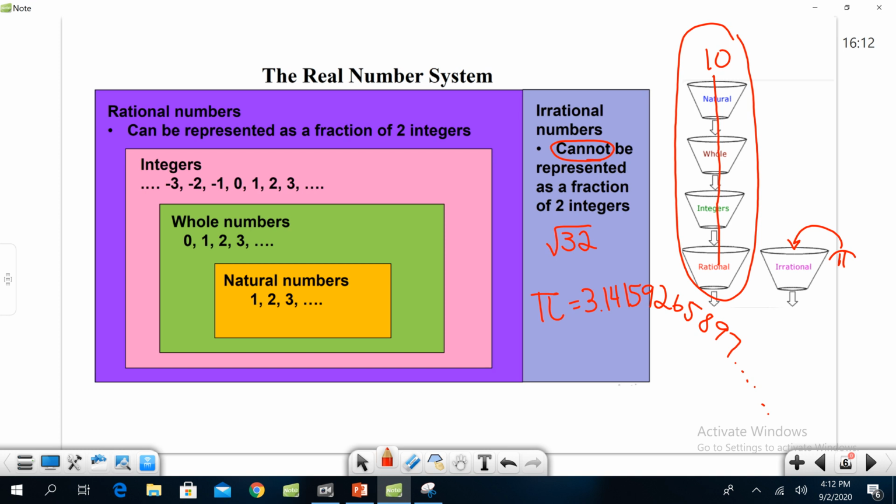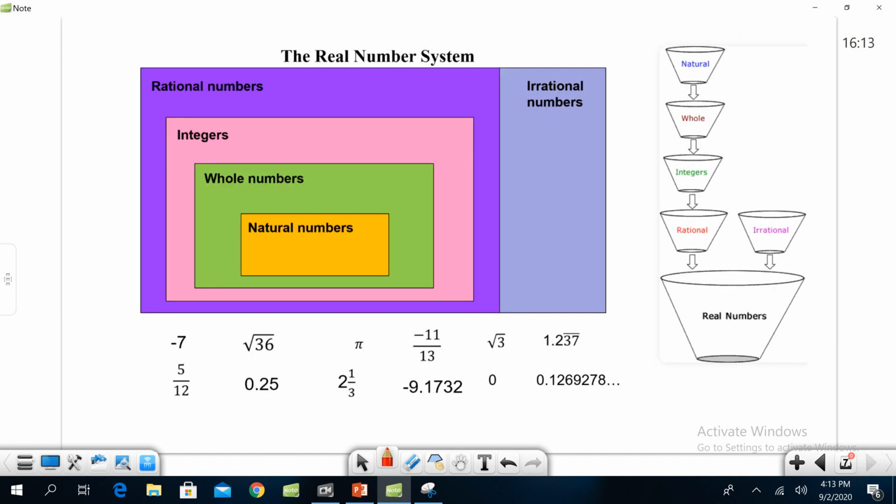It cannot be natural, it cannot be whole, it cannot be an integer, and it cannot be rational. And this whole system, all of these numbers, are part of the real number system. So every single number is real.